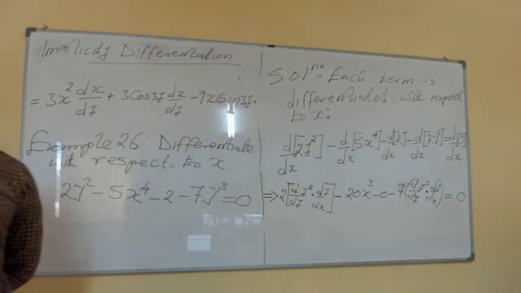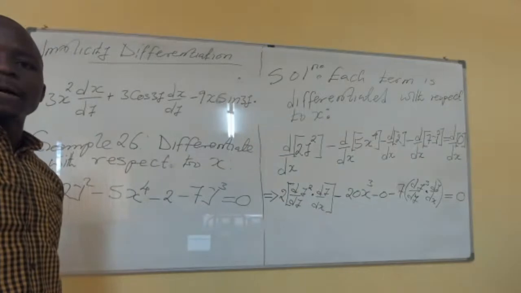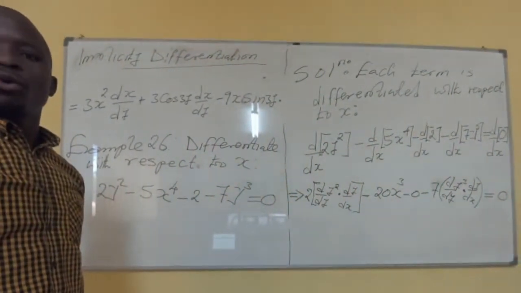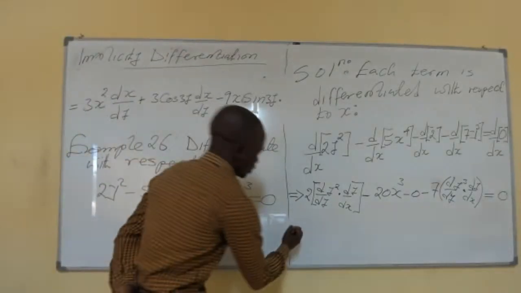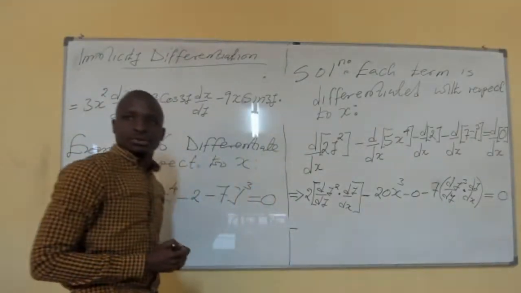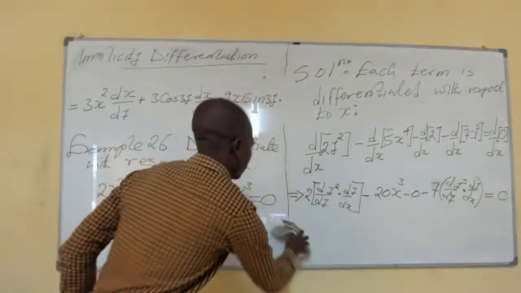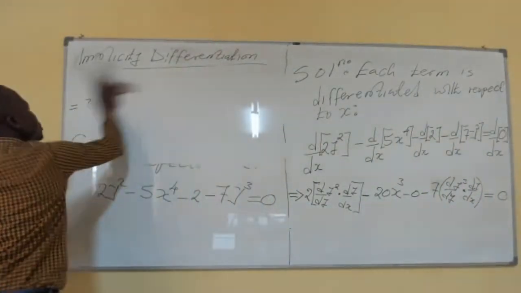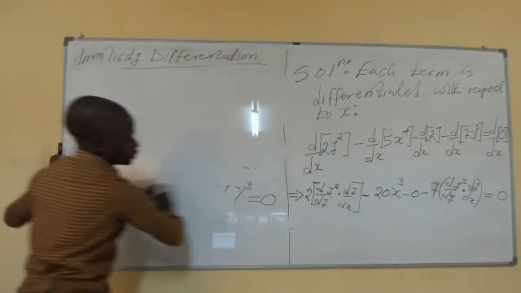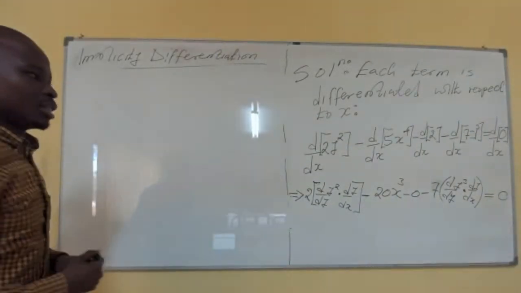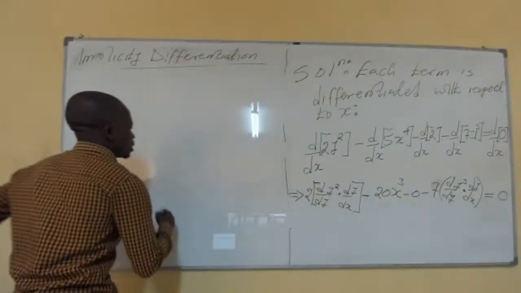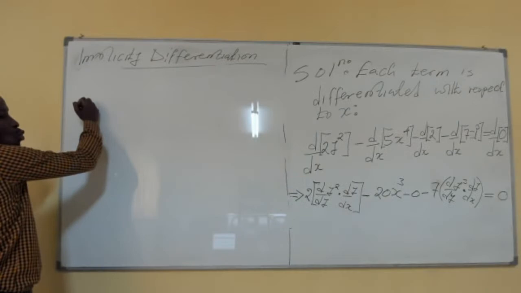Then from there, let me just use the other part of the board. The derivative of y power 2 with respect to y gives us 2y.